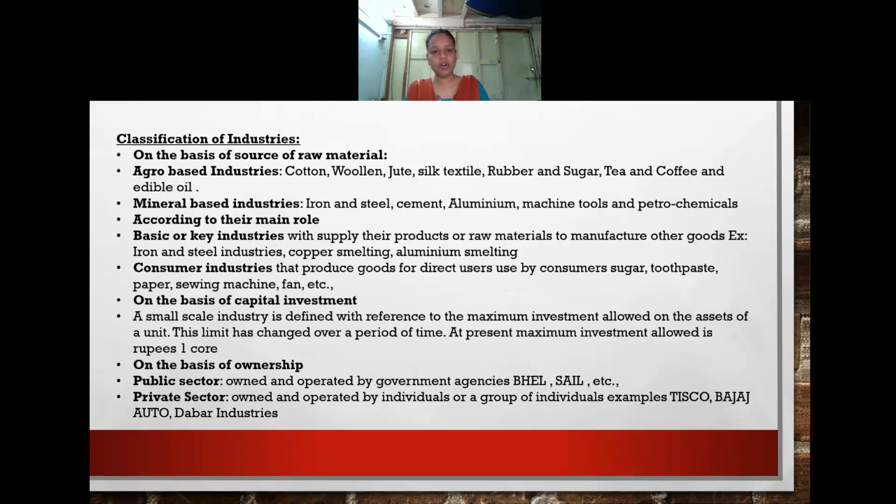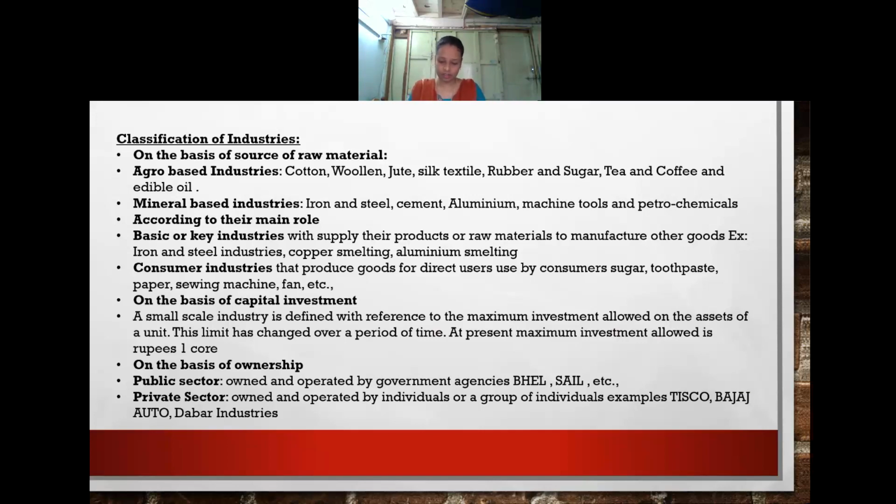Public sector, you have known about that one. It is owned and operated by the government agencies as well as by the government. What kind of industries come under the public sector? BHEL and SAIL. These are the two industries that come under the public sector.